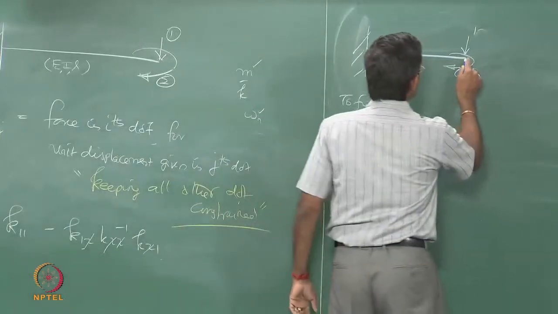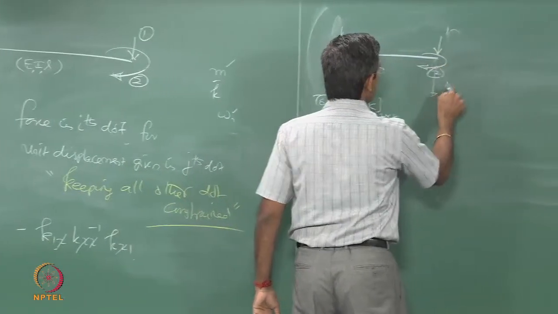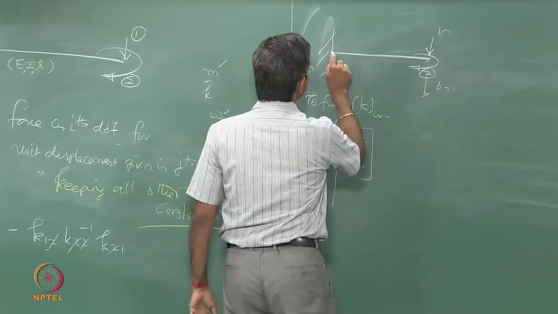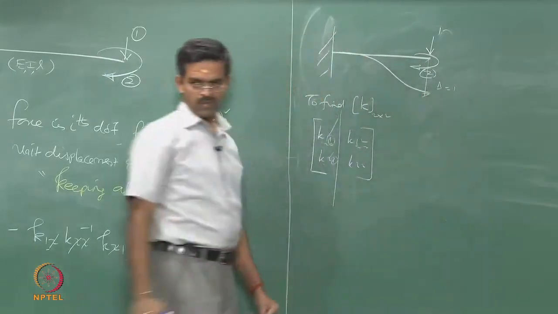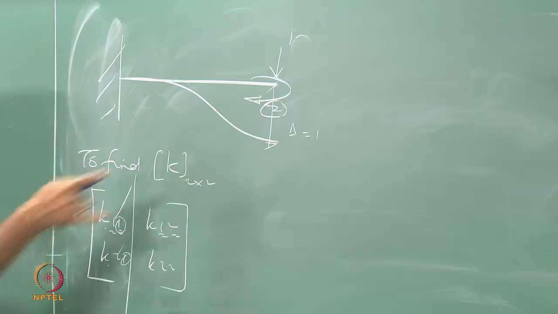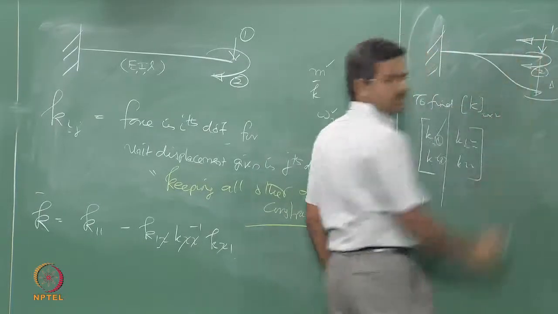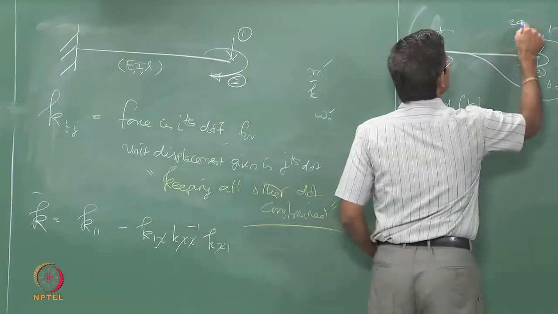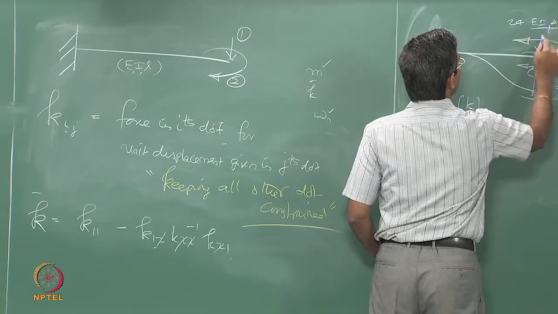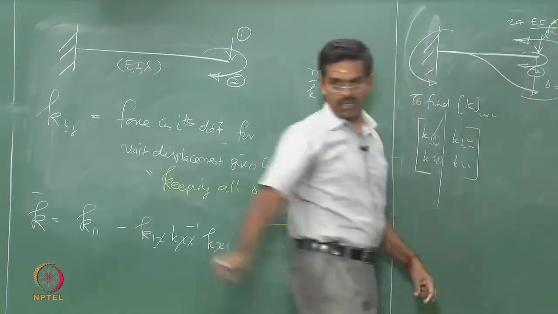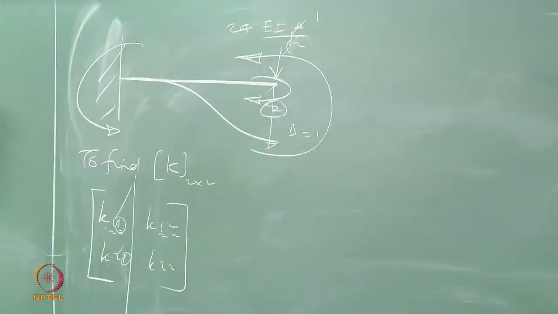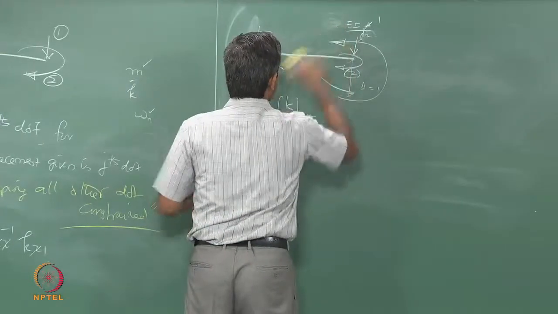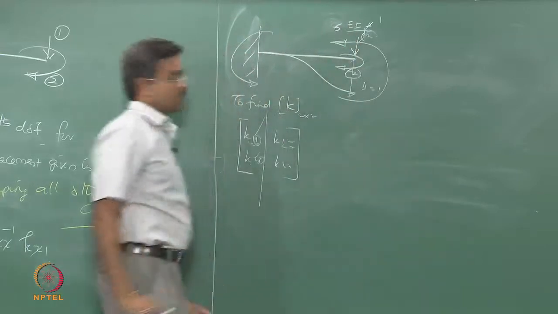So, I must give unit deflection here, delta as 1. This will have a value which we just now saw. This will also have a value. It is going to be 6 EI delta by L square, delta is 1 in this case.